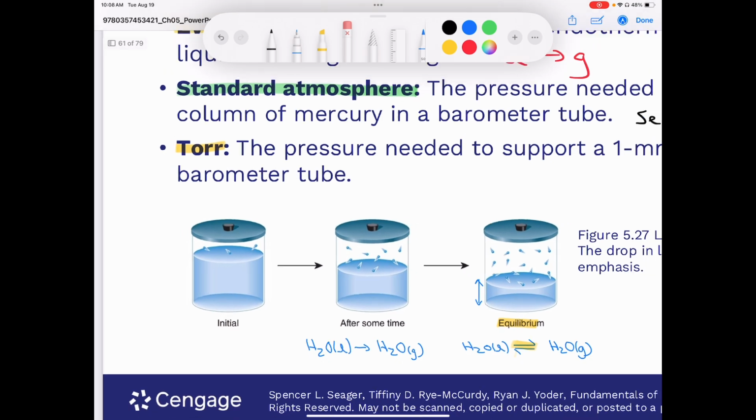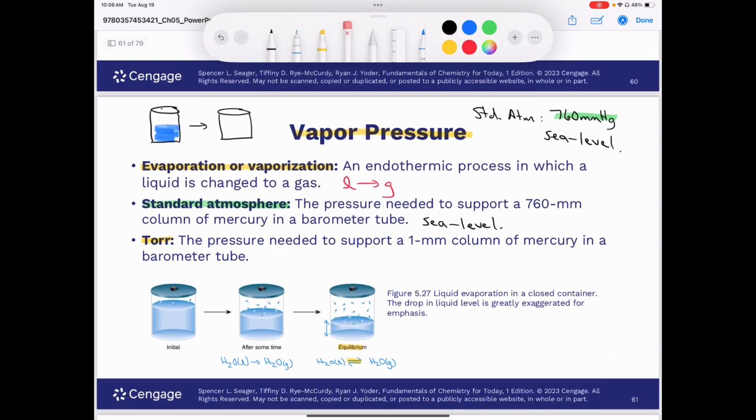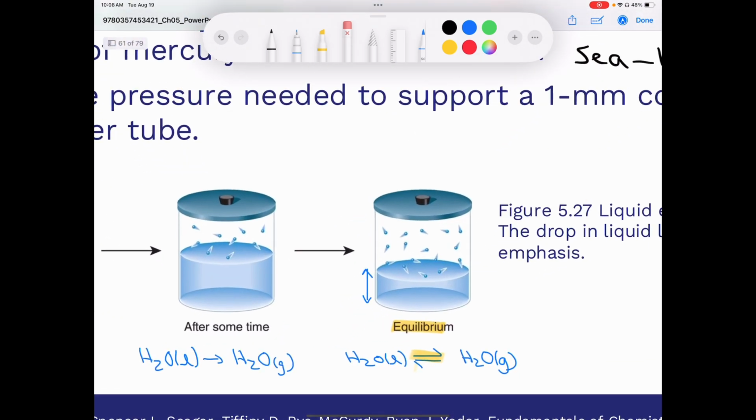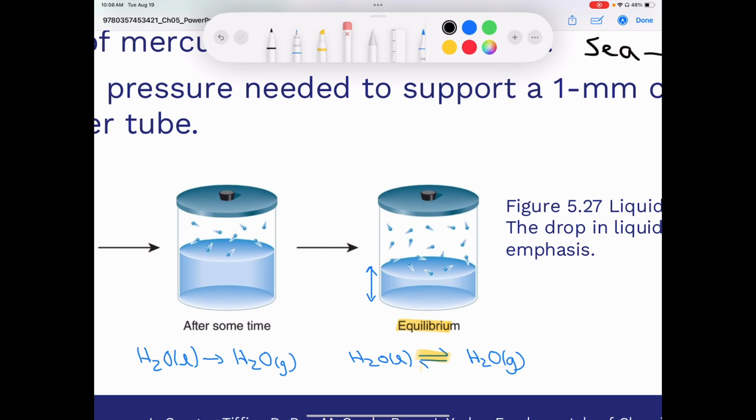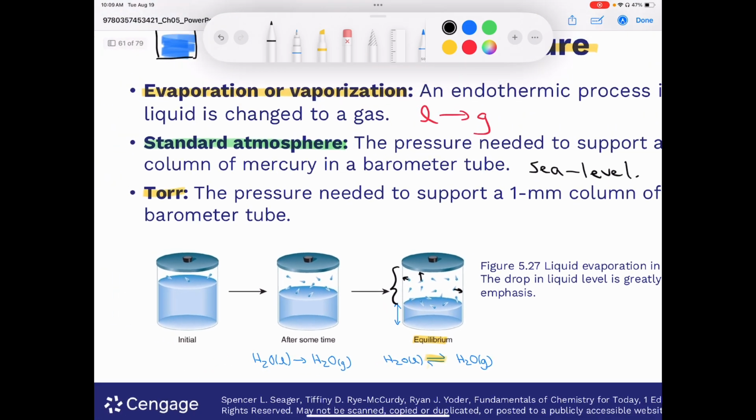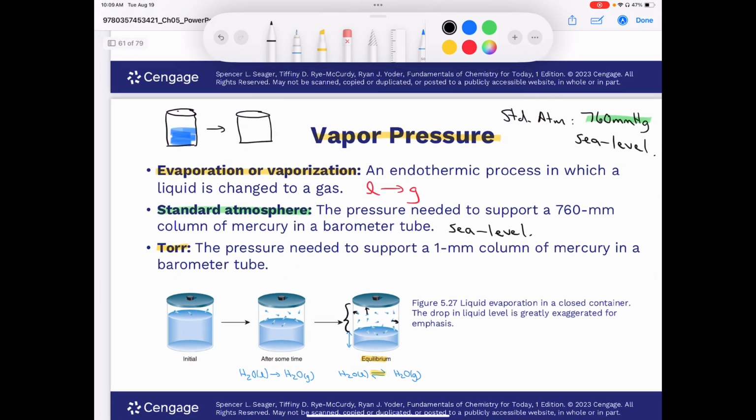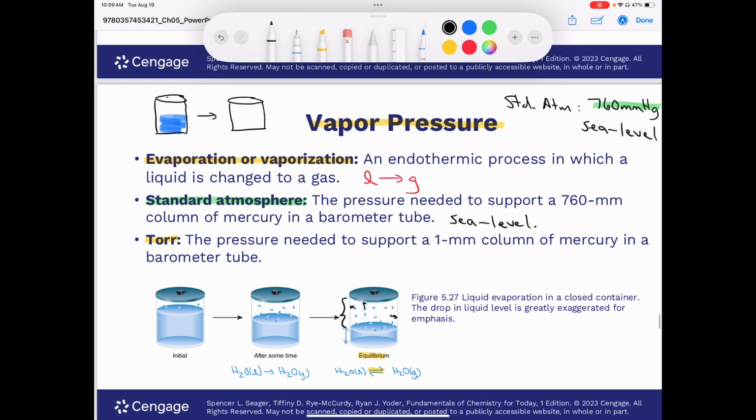So when it reaches equilibrium, the water vapor is going to have a certain pressure, where the particles of water vapor are colliding with the lid and with the sides of the container. That is vapor pressure, the amount of pressure that the vapor is pushing with against the walls of the container.